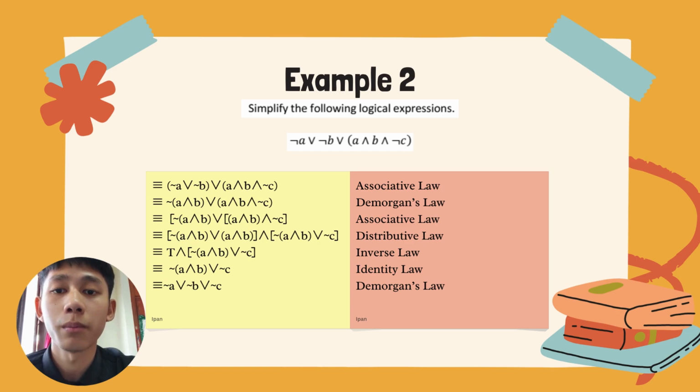When a statement is combined with its negation, we apply the inverse law, which gives the true value. Using the identity law, we remove the truth value and finally apply De Morgan's law again. The final simplified expression is negation A or negation B or negation C.